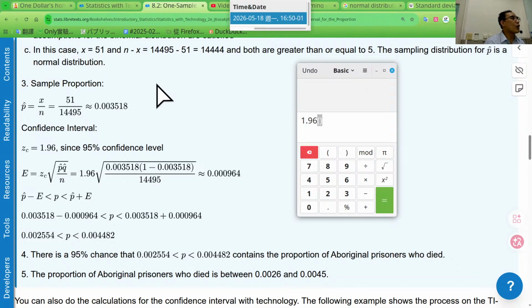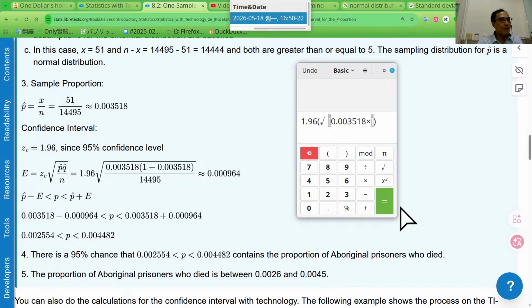By this time, I hope you can calculate it by typing into the calculator, okay?